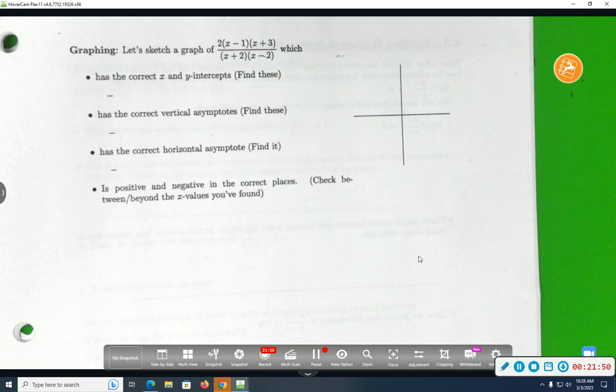I guess put in extra steps there, put a slash and then the denominator. No, you're good.